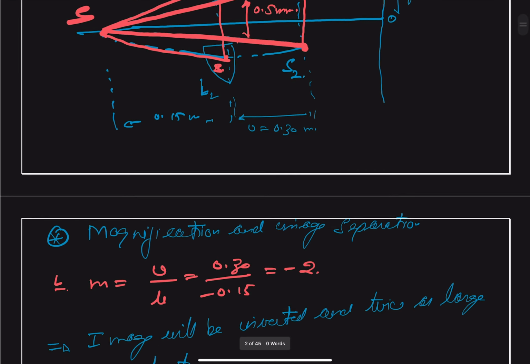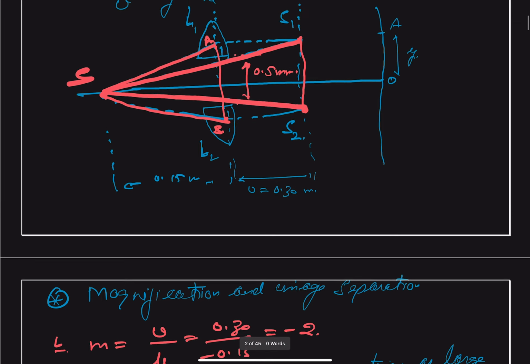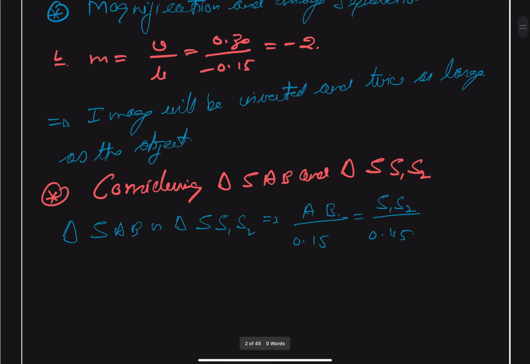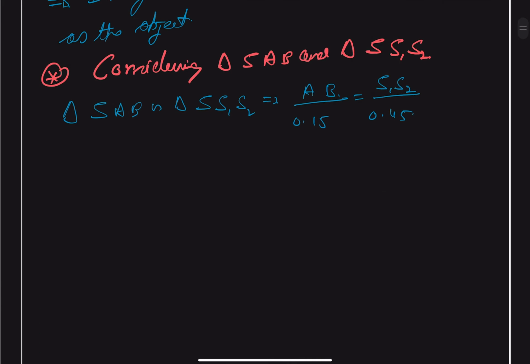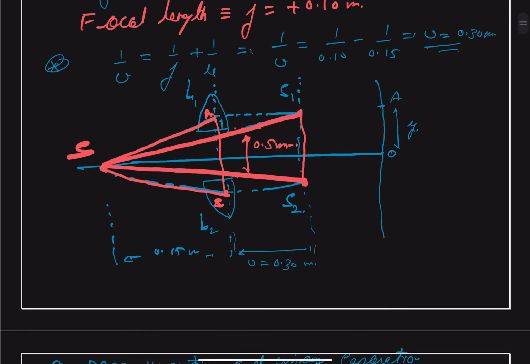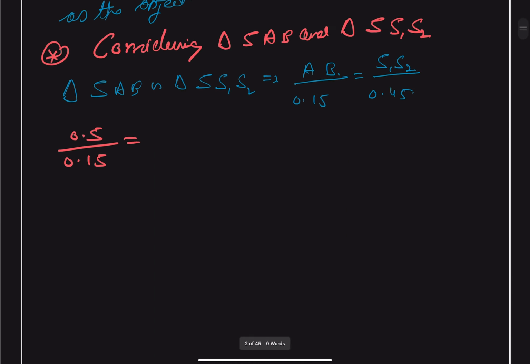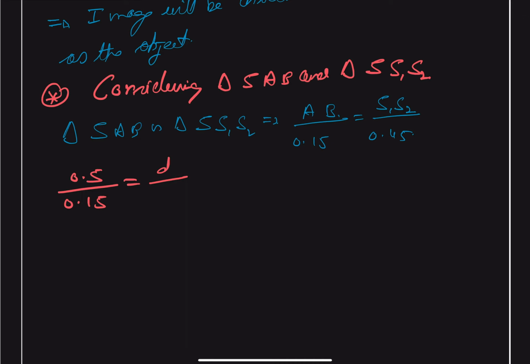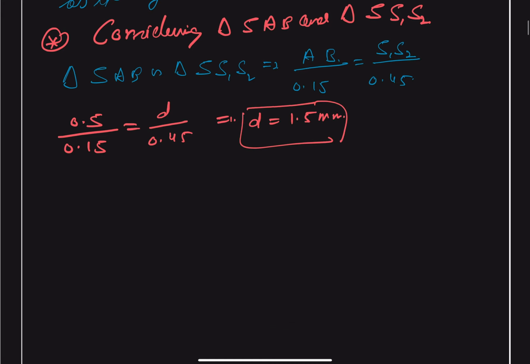Let the distance between S1 and S2 be D. So 0.5 over 0.15 is equal to D over 0.45, which gives D equal to 1.5 mm. So this is the distance between the two sources S1 and S2.